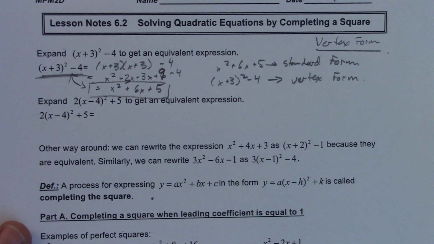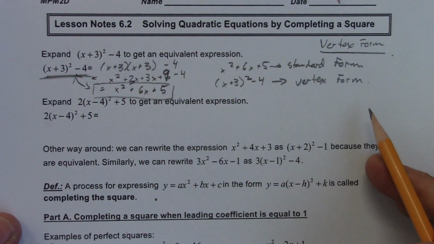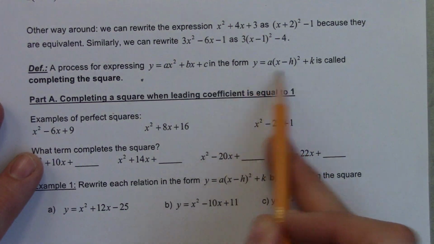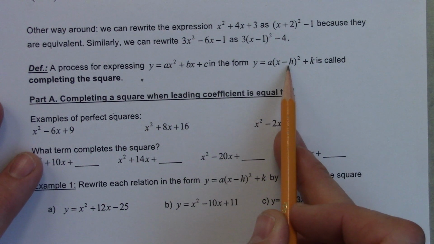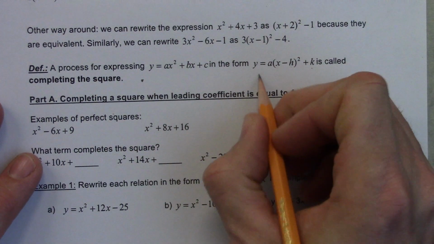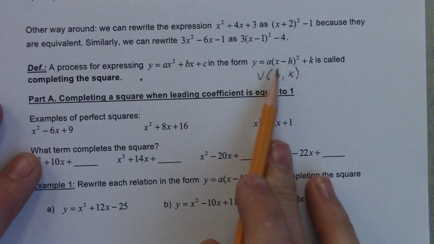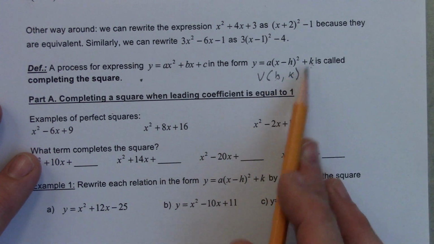The nice thing about vertex form is that in the formula it's negative h, but in the actual point it's positive h. So the vertex is h, k. The k is the same.